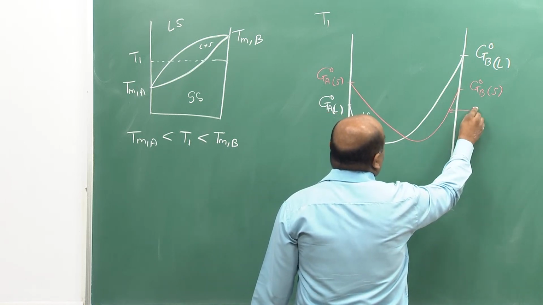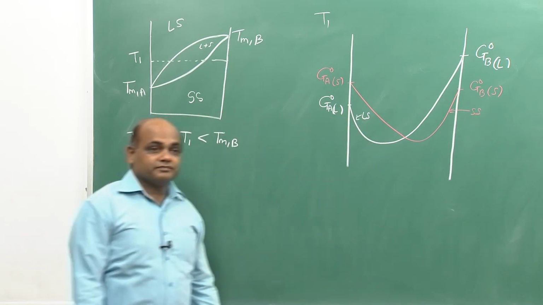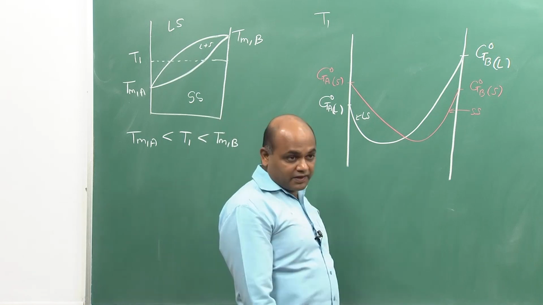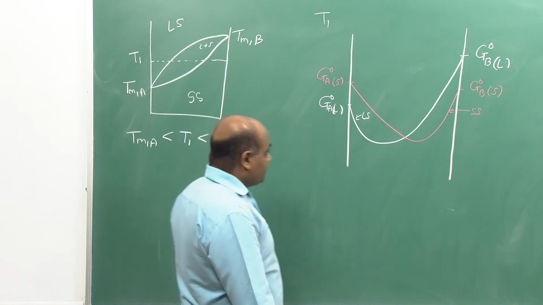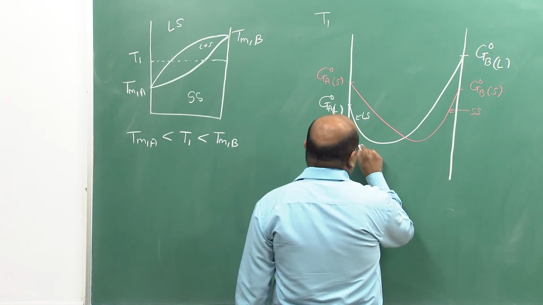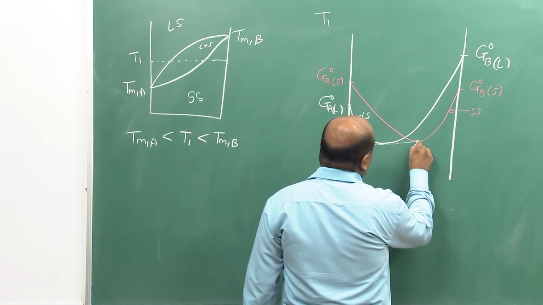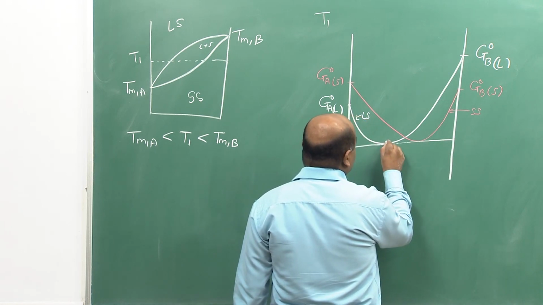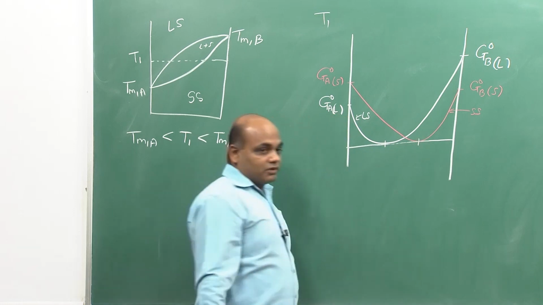This is for solid solution. You see they are intersecting at some point, and we can draw a common tangent to both of them. So, this is the tangent which is common to both the curves.